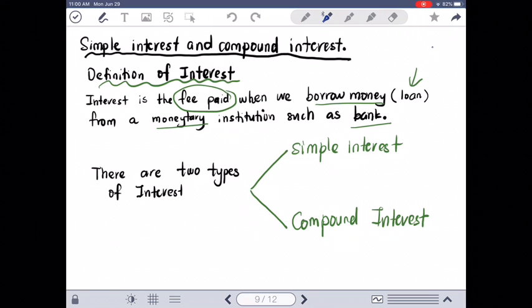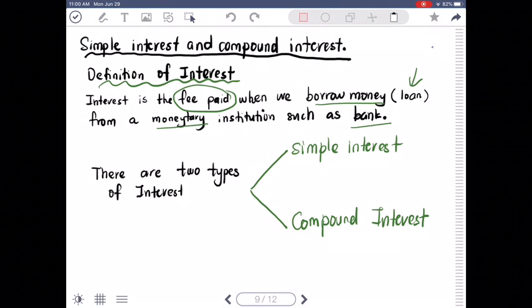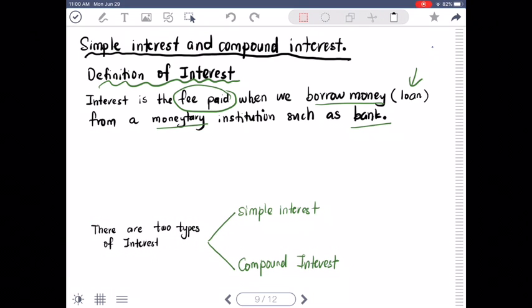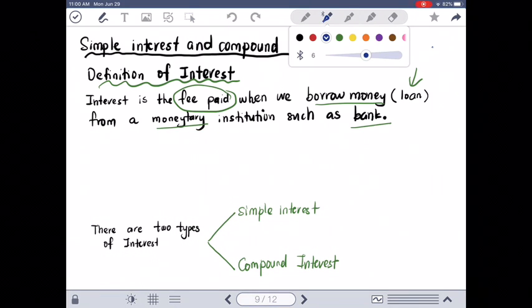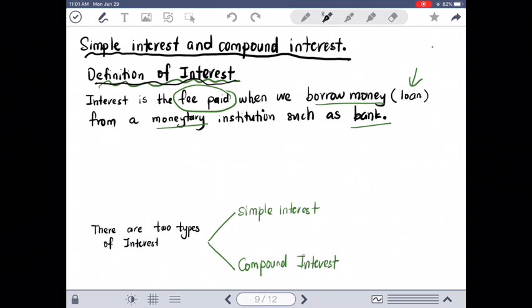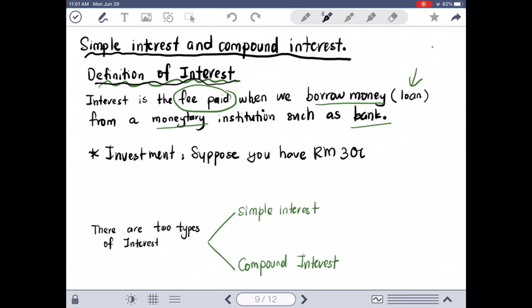Alright, I want to go back to the definition of interest. Sometimes when we talk about interest, it doesn't have to be involving just a loan from the bank. It could be in terms of investment. Suppose you have RM 3,000.